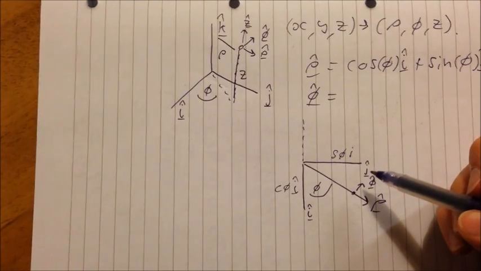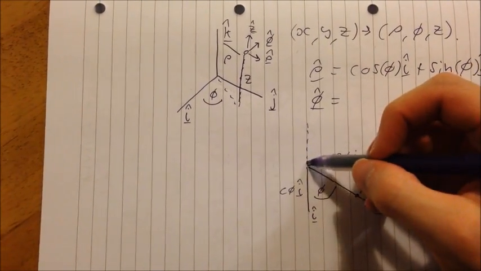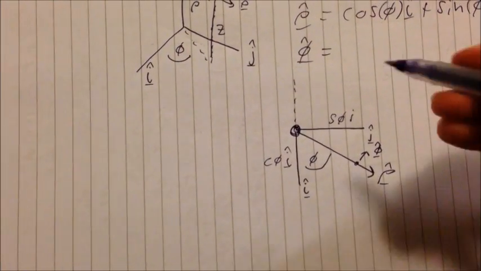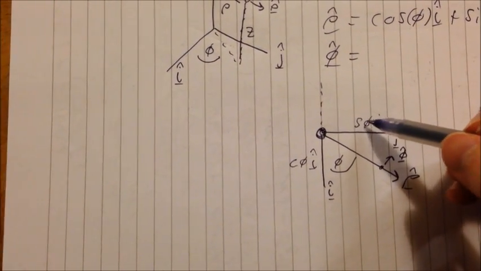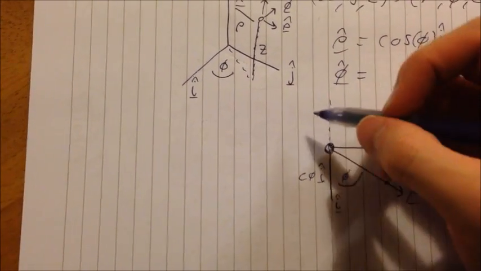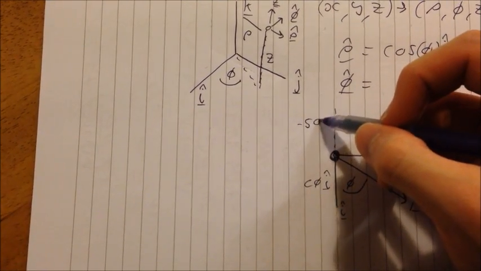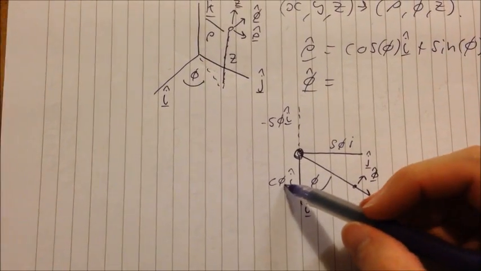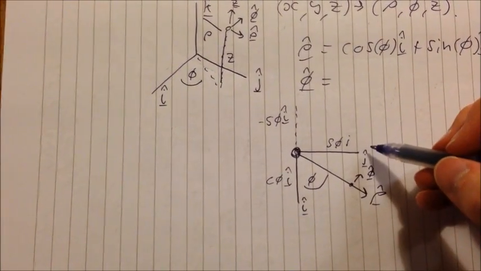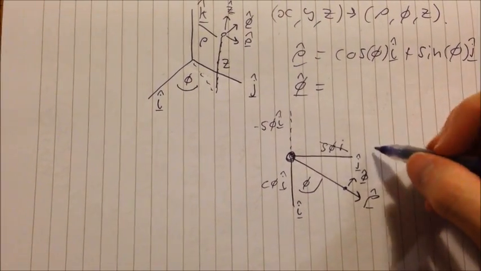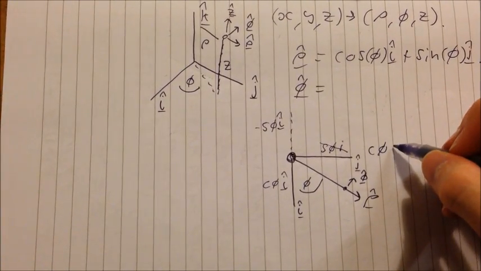So a way of thinking about it is to imagine that it's on a hinge here, and it's rotated like so, 90 degrees. And if you did that on the page, the sin phi component would end up here in the negative i direction. So write that, negative sin phi i, and the cos phi component would end up here in the j direction. So this would become cos phi j.